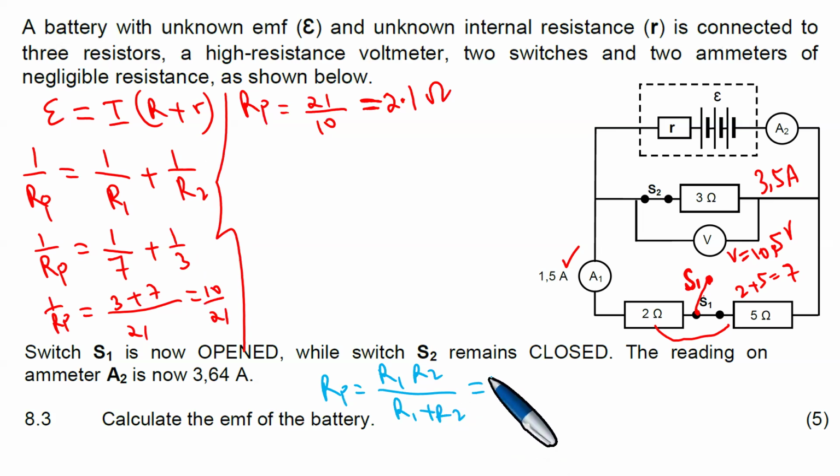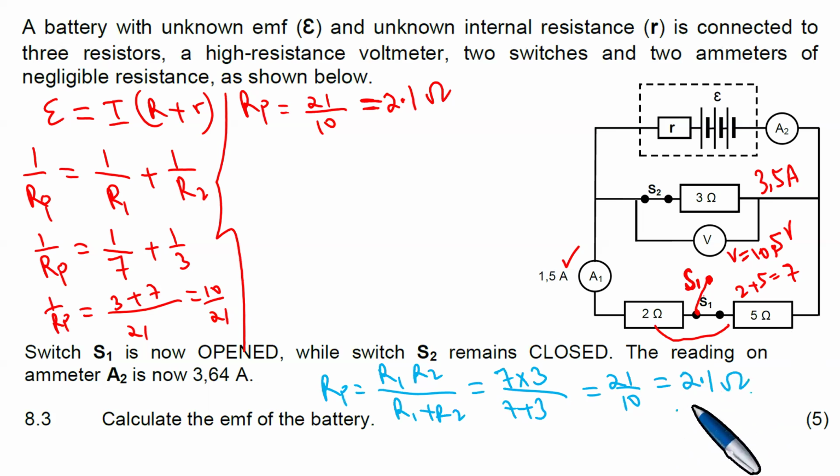To test this method, we call R1 7 ohms, so it's 7 ohms times 3 ohms over 7 plus 3. 7 by 3 is 21 out of 10, which is 2.1 ohms.